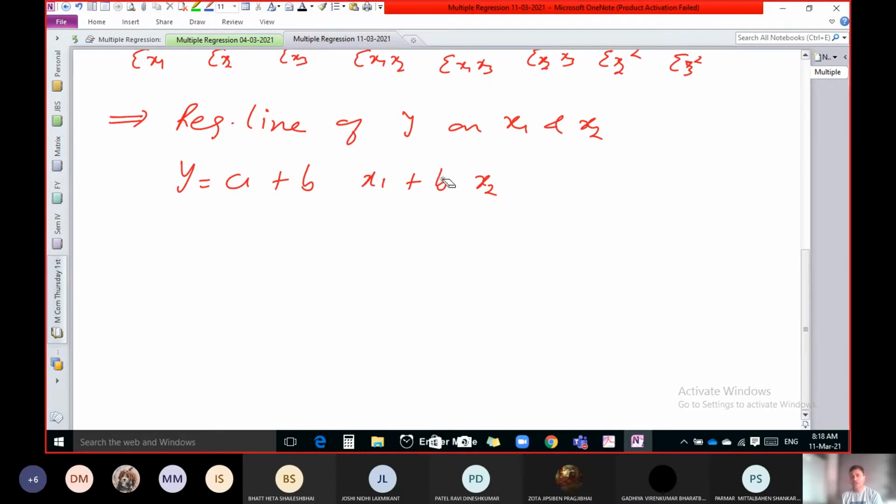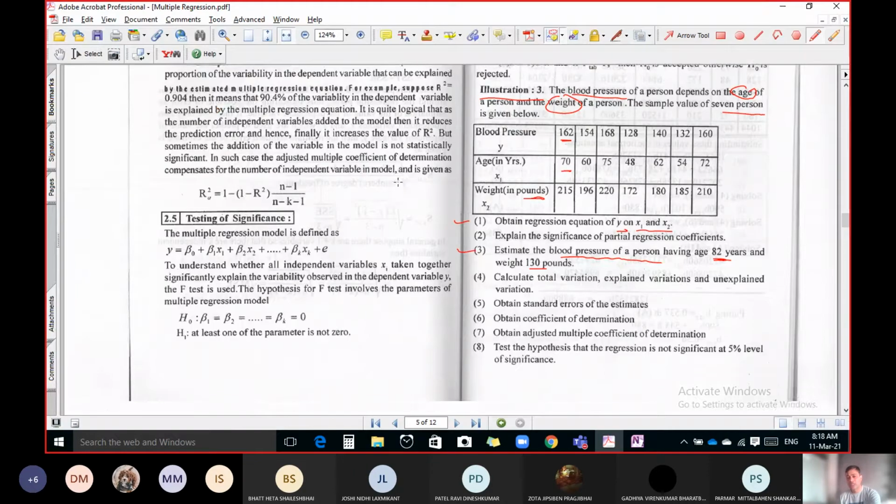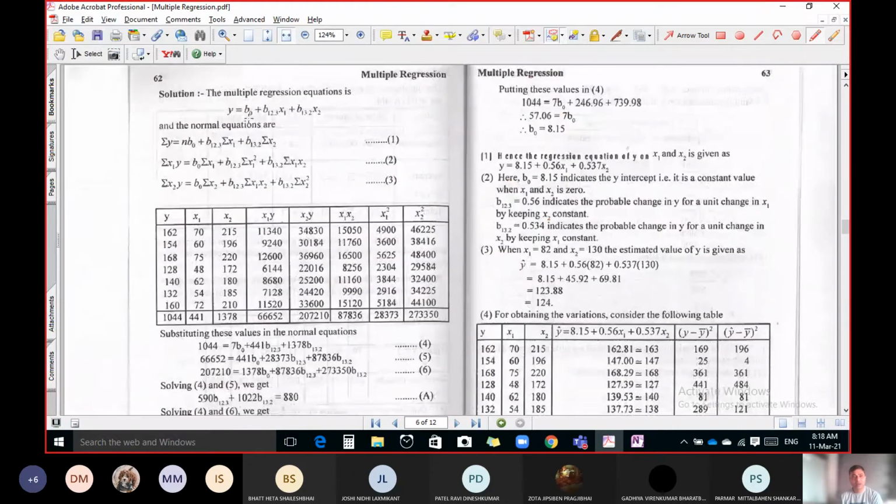Now instead of b you can use c, or instead of this a, b, c you can use any other symbol, no problem. See, the symbols here are b0, b12.3 and b13.2. But don't be misguided. This b12.3 is nothing but the regression coefficient between y and x1 keeping x2 constant.